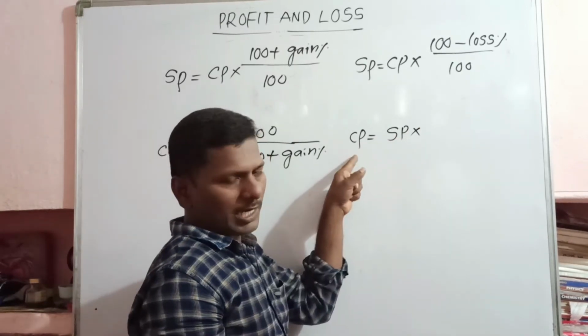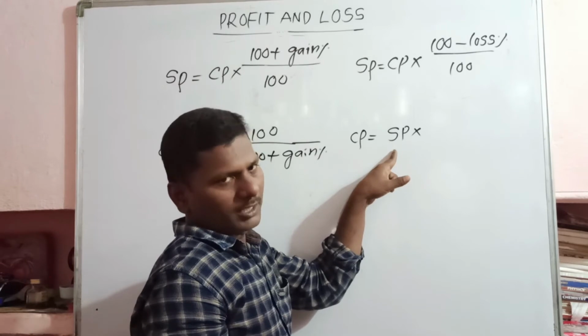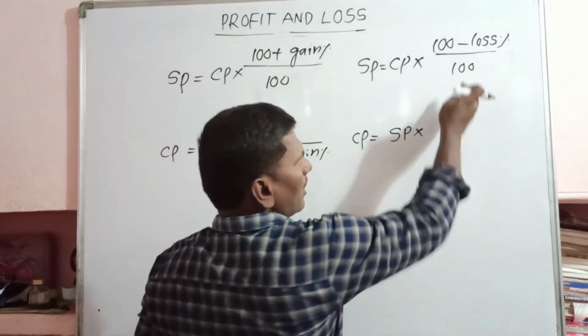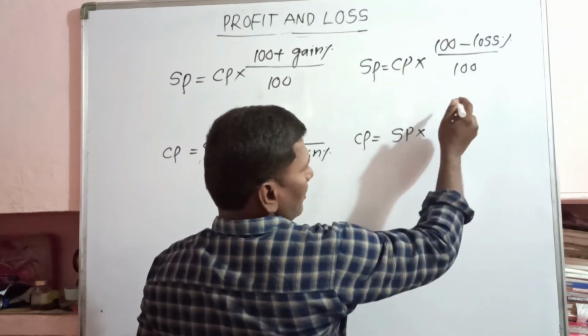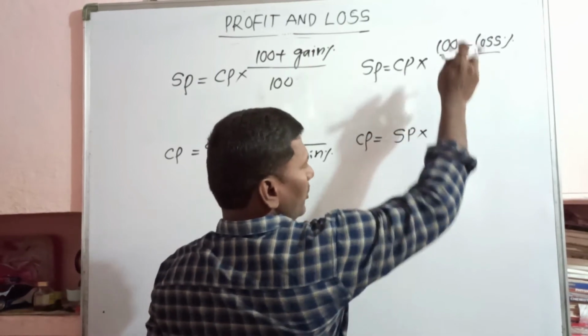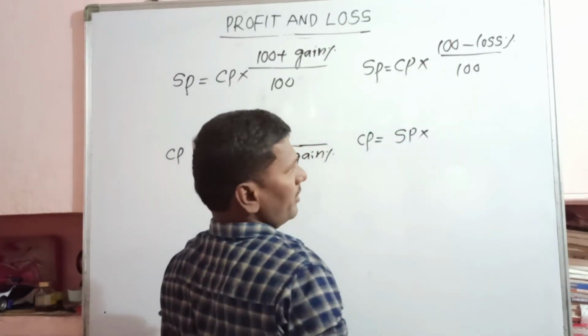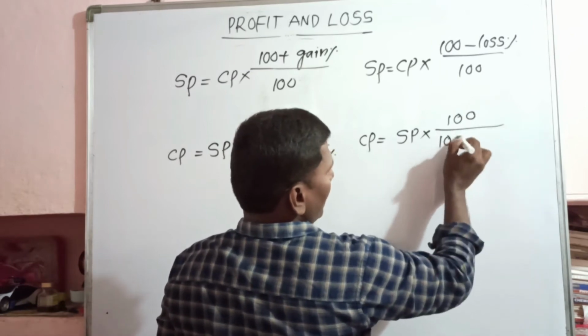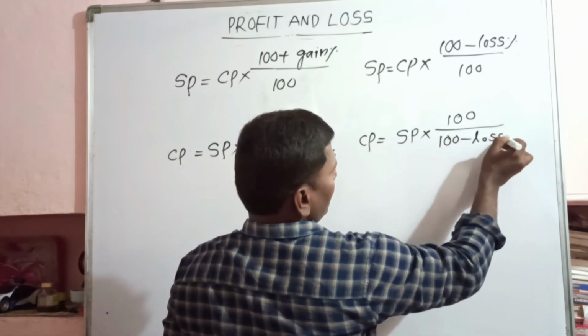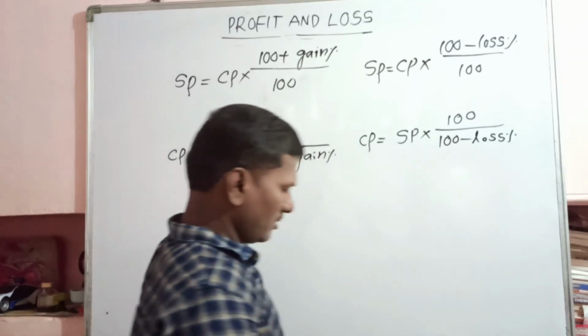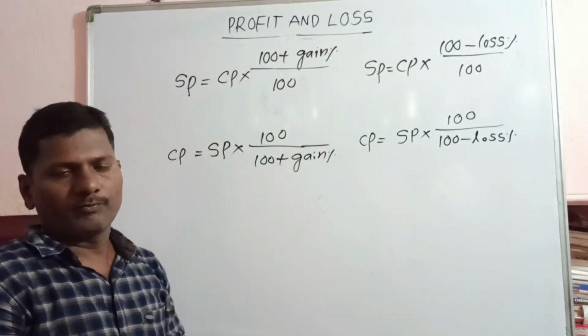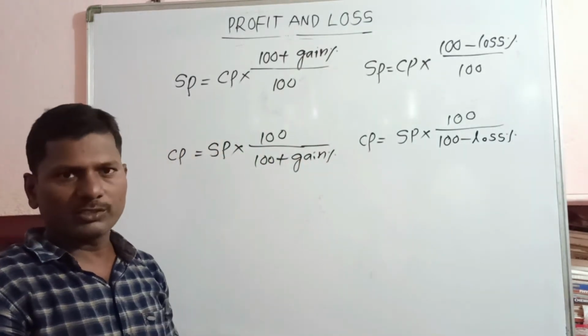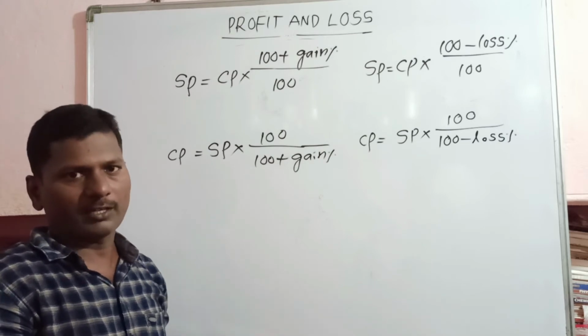Whenever you are asked CP, you will be given selling price. Write this denominator in reverse order, denominator in numerator, numerator in denominator. So I am writing 100 by 100 minus loss percentage. So this formula we use to solve questions from this topic, profit and loss.